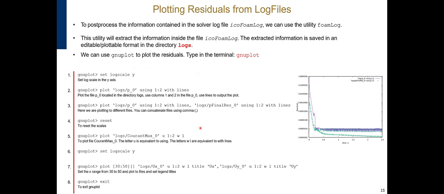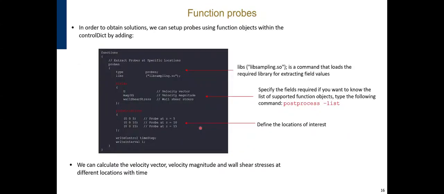Now, one more thing is that when setting up your case, you probably want to get some probes, or some values that are of interest to you. For instance, we are interested in maybe shear stress on the walls, so you would want to monitor some of those fields. You want velocity magnitudes, maybe velocity at certain locations.